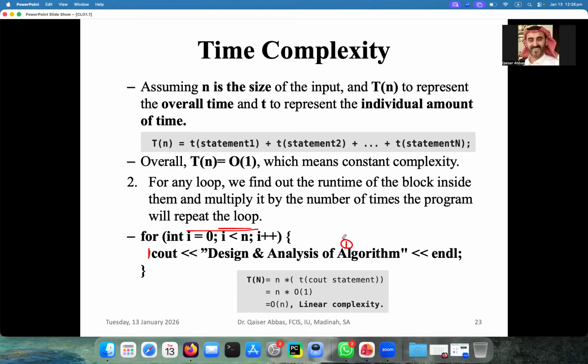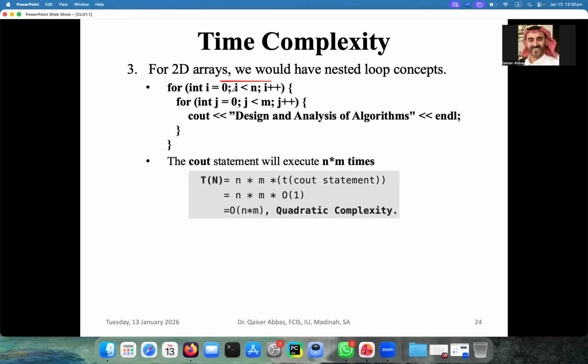So this cout statement is order of 1, but the loop is executing n times. Then we multiply n by 1, and we say order of n, linear complexity, due to this rule for the for loop. This is the rule that we studied previously. And for two-dimensional, this loop goes n times, and this loop goes m times, and this is one time. So n multiplied by m multiplied by 1. So you have to multiply when you have a loop.